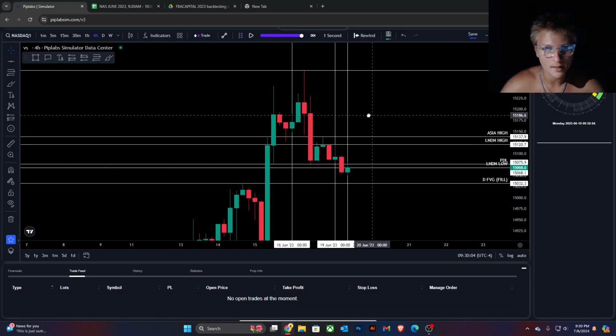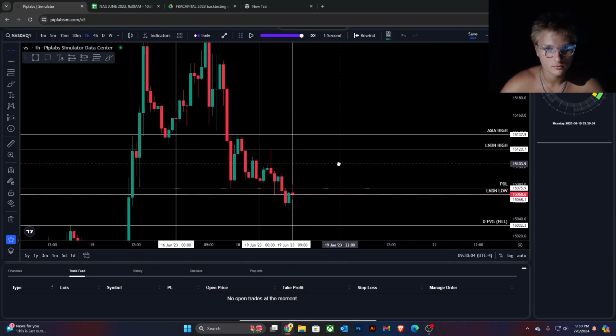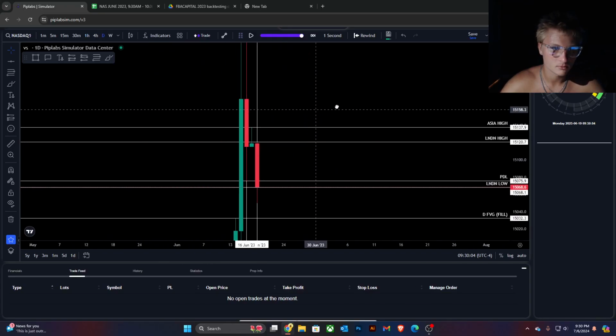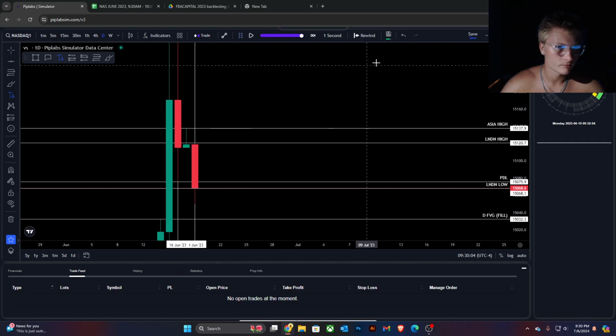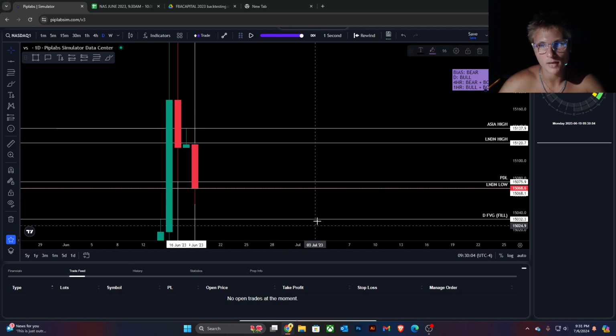So my bias here is definitely bearish. Daily bullish, but 4-hour bear plus break of structure to the downside, 1-hour bull. So this is where I'm getting my bias.